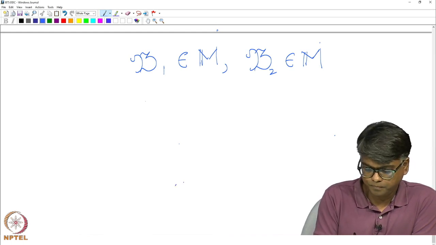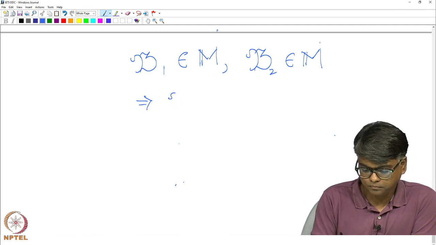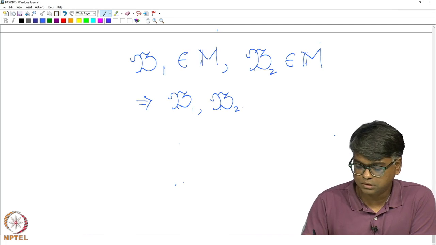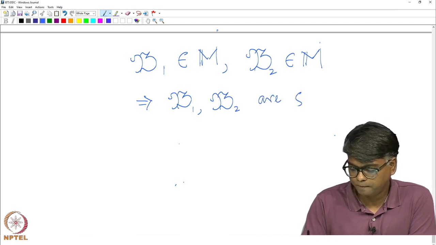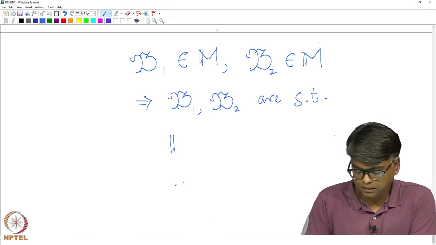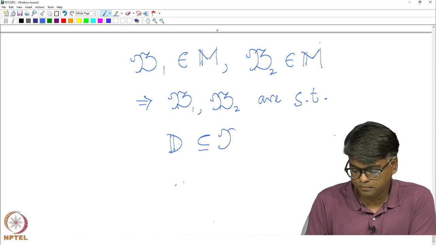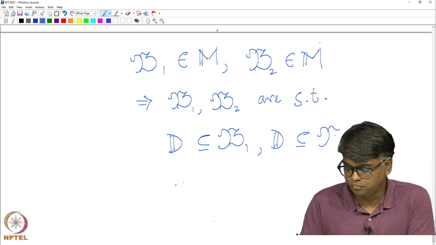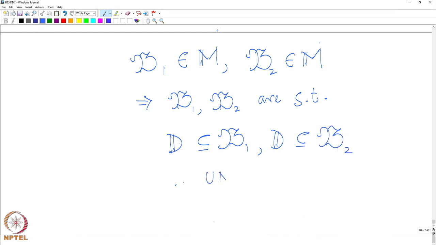So, that means both B1 and B2 are such that D is contained in B1, and D is also contained in B2. Both of them are unfalsified by the data. Now, in that situation, we say the following.